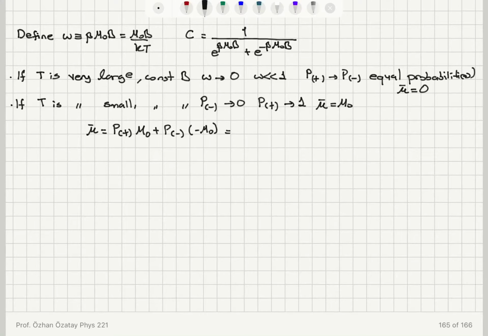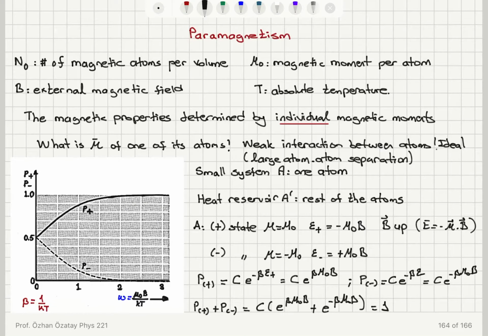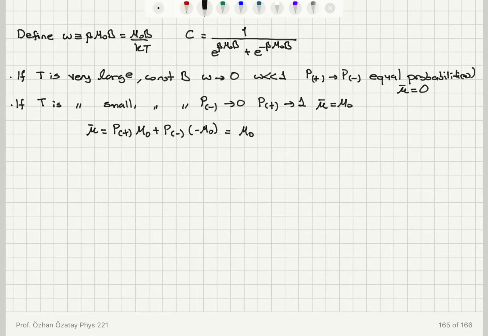So this is going to be mu 0 times the probability of the plus state, which is c times e to the beta mu 0 b. So it is mu 0 times a ratio: e to the beta mu 0 b, and then, because of the minus mu 0, a minus sign, e to the minus beta mu 0 b.